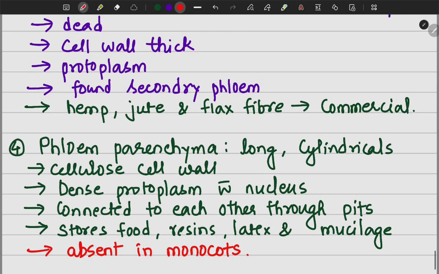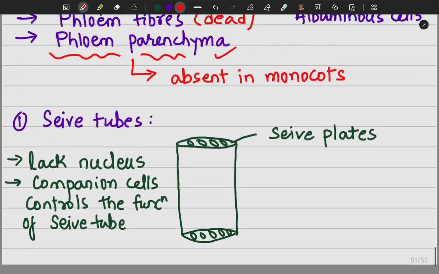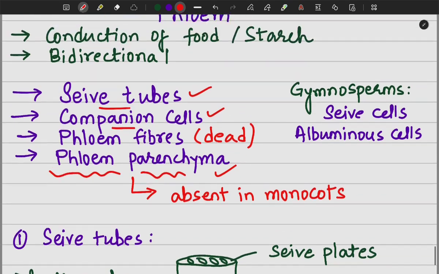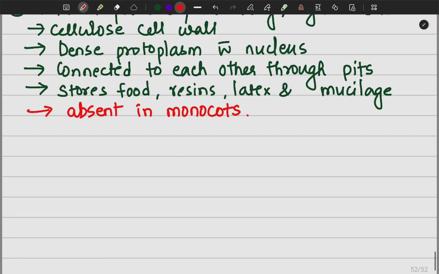And the phloem parenchyma is absent in monocots, as I told before. Alright, so this was all about the phloem and the types of cells present inside the phloem. So I hope it is clear to you. Now let us talk about the protophloem and the metaphloem. So what is protophloem? Just like the protoxylem, protophloem is found in the early stages.